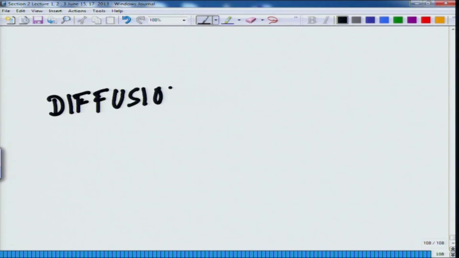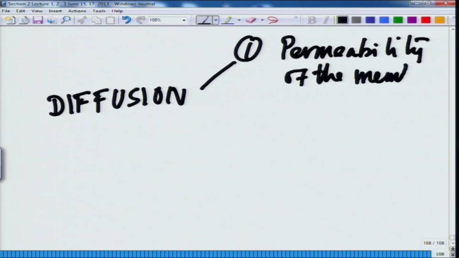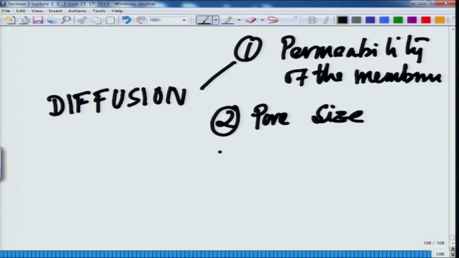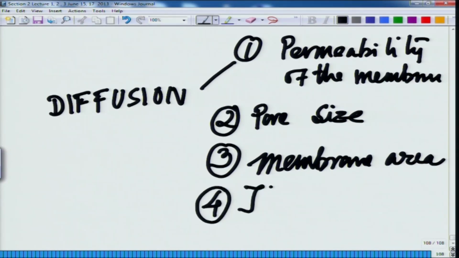Diffusion is governed by permeability, how permeable the membrane is; pore size, which is extremely important, what is the size of the pore; third, the membrane area, or the area covered by the membrane; and the fourth one is the thickness of the membrane.